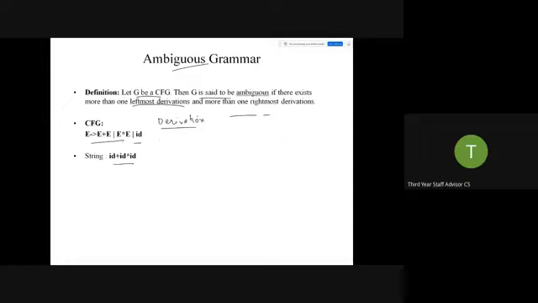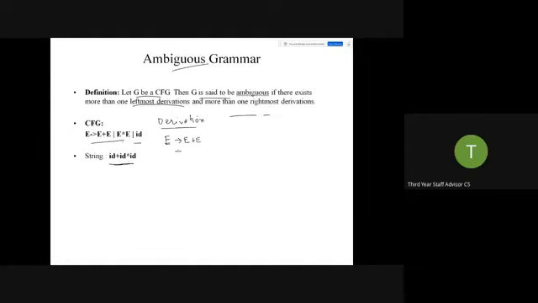Suppose I am taking E implies E plus E എടുക്കുകയാണ്. Suppose I am substituting the starting symbol E with E plus E, then we can again substitute to get this string, that is ID plus ID into ID.